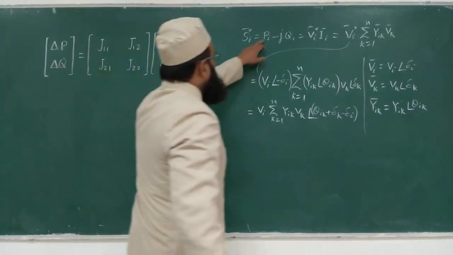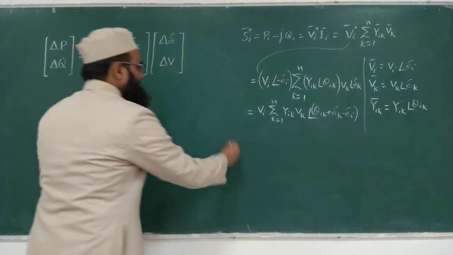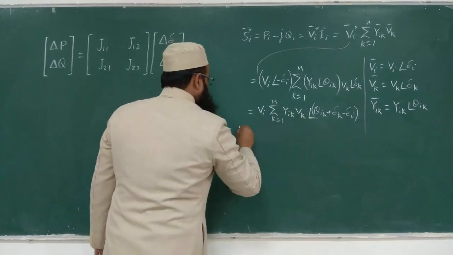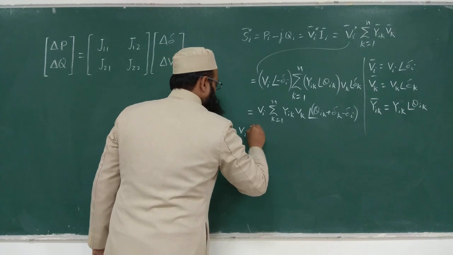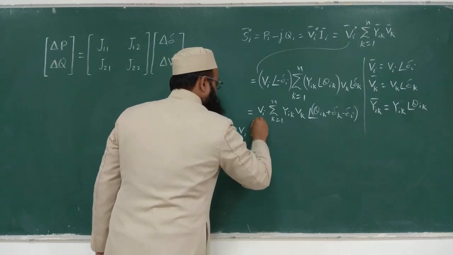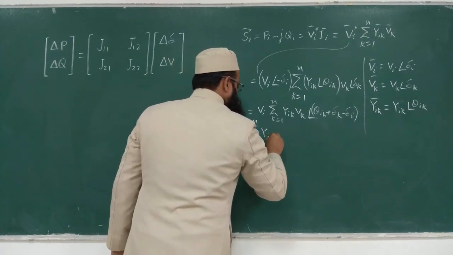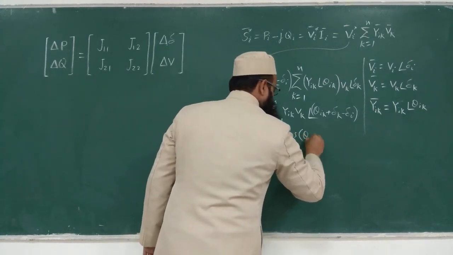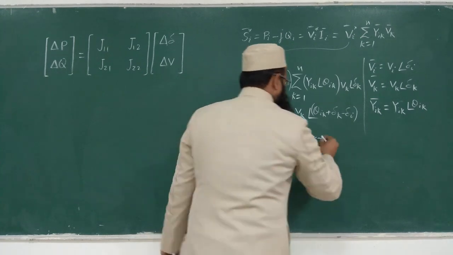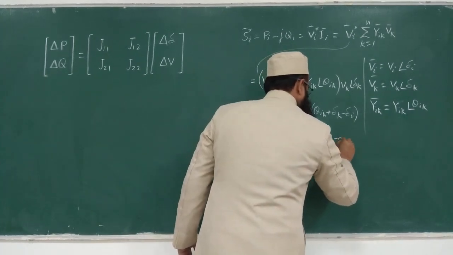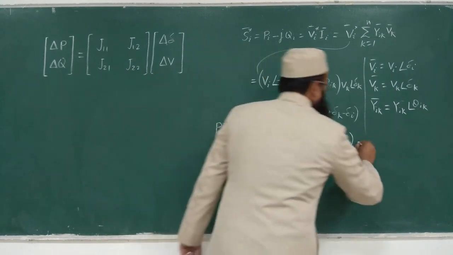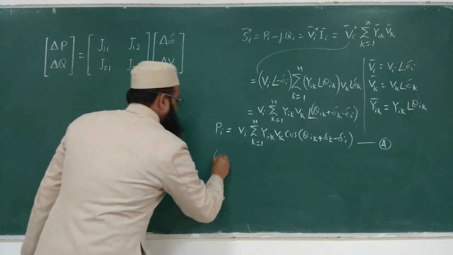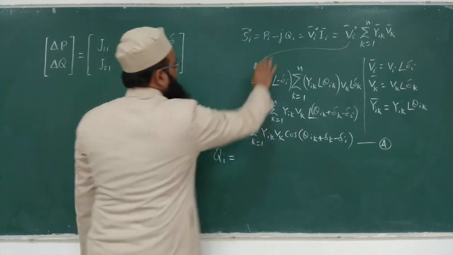So from here, Pi and Qi may be written as, real part of this will be Vi summation k equal to 1 to n, Yik Vk cosine of this angle theta ik plus delta k minus delta i. Mark this equation, say equation A, very important equation.